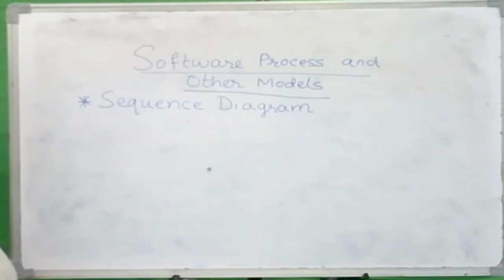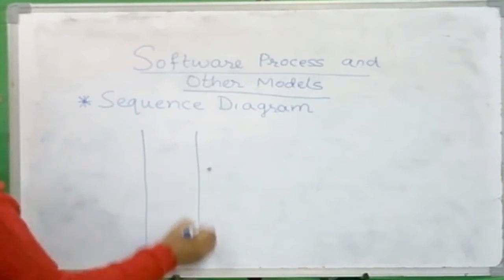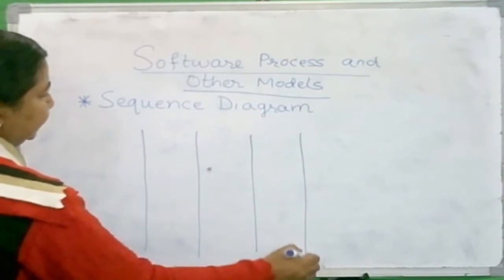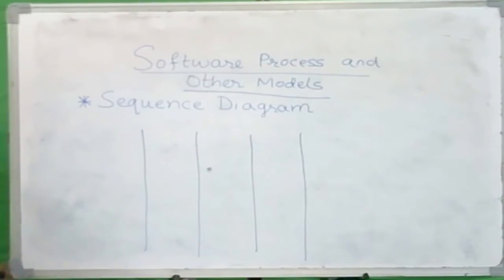The diagram has vertical lines which are called instances of class, which represent instances of class.